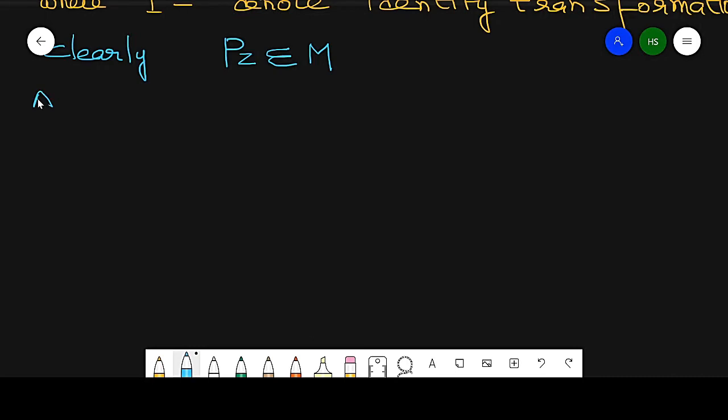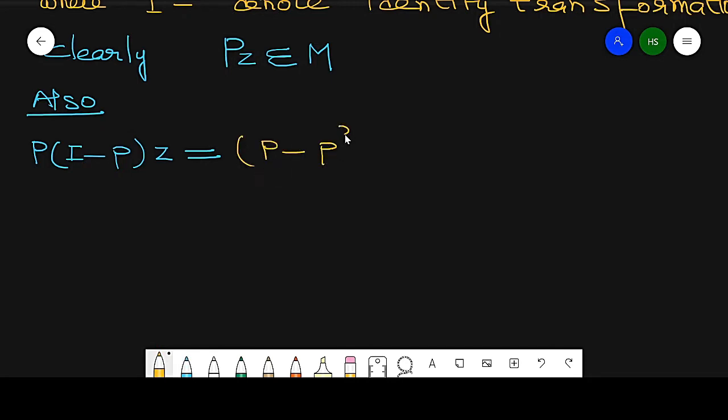Also, we know that P of (I minus P) of Z can be written as (P minus P squared) Z. P is an idempotent operator, so this is (P minus P) Z, which is 0Z, equal to 0.